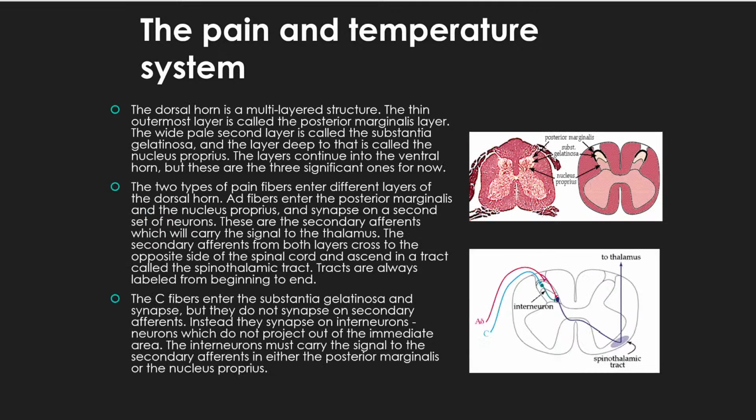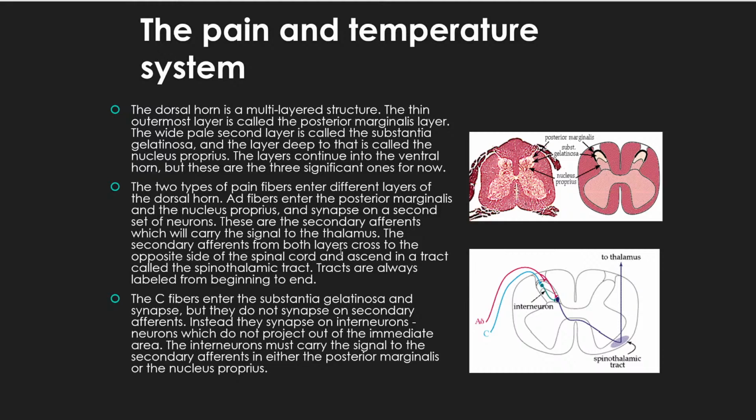Their synapse in the dorsal horn is also dependent on various factors. First of all, look at the dorsal horn. It's a multi-layered structure. The outermost, the thinnest layer is called the posterior marginalis layer, and the wide, pale second layer is called substantia gelatinosa, and the deepest is called nucleus proprius.